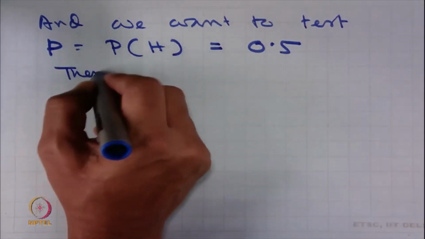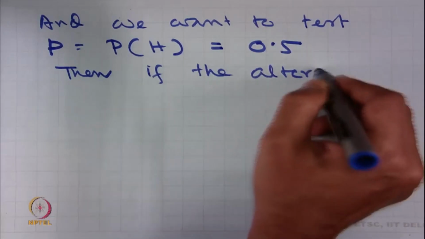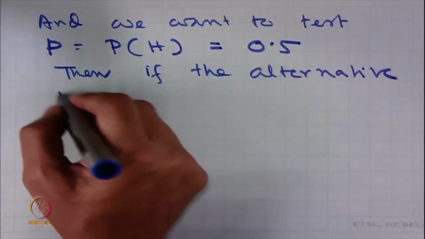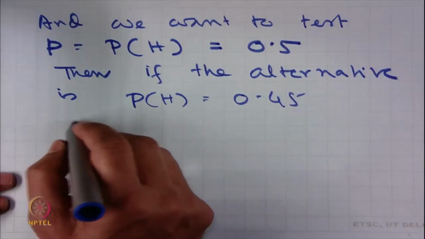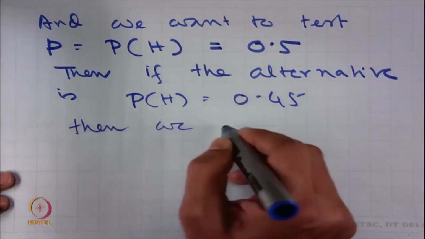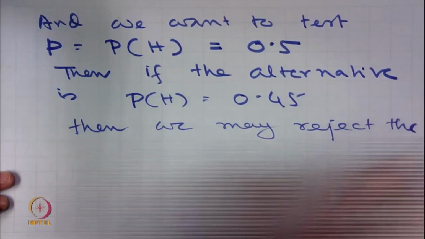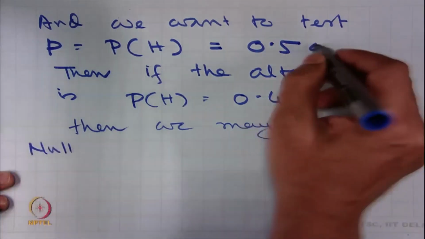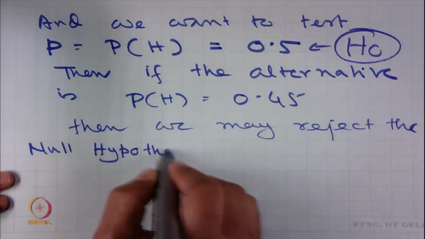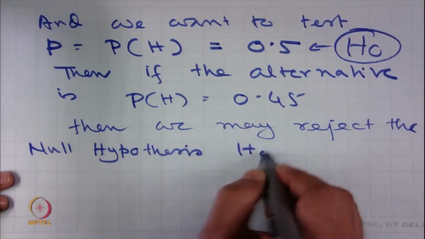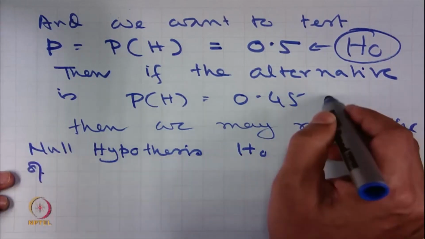Then, if the alternative is that the probability of head is equal to 0.45, then we may reject the null hypothesis, H naught, in favor of this hypothesis.